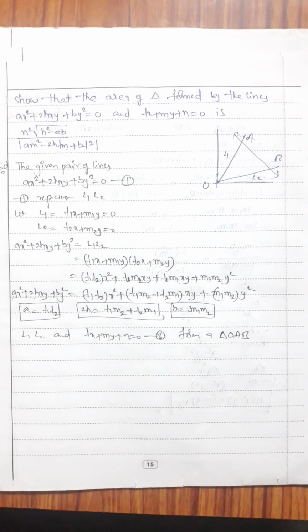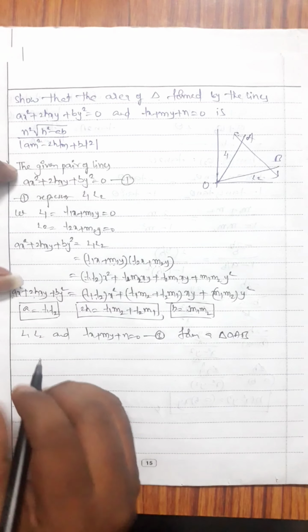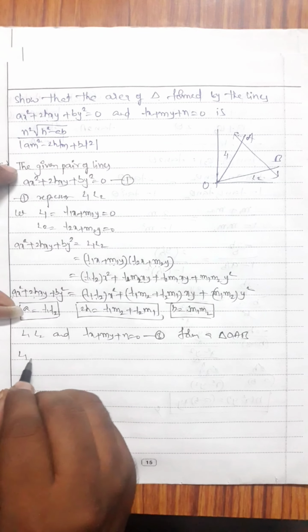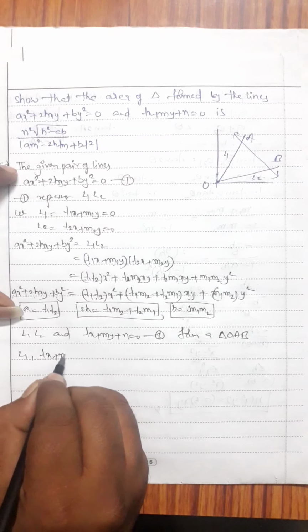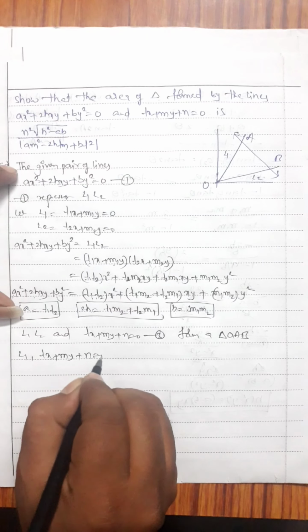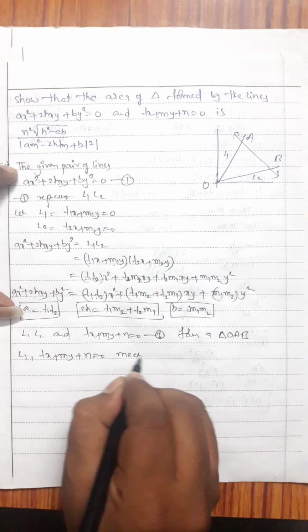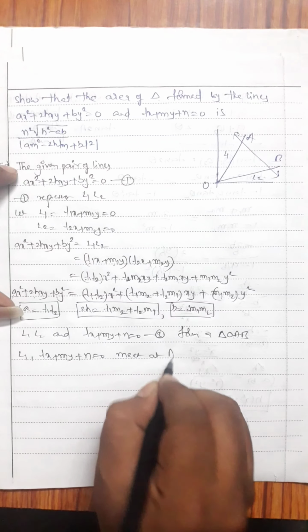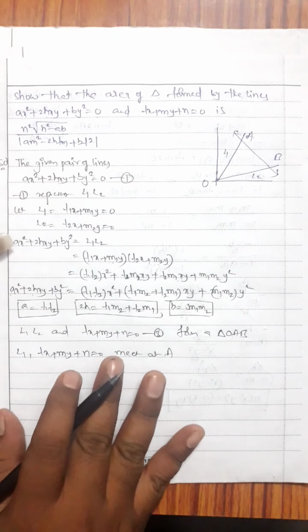So first we have to find the points A and B. L1, L2 and line 3 meet at the points A and B, therefore L1 and lx plus my plus n is equal to 0 meet at A. So that's how we find the point A.